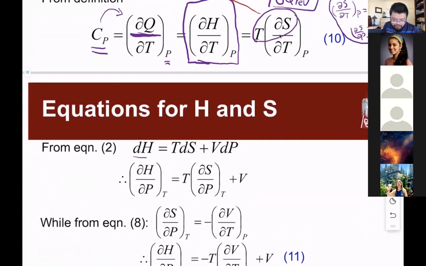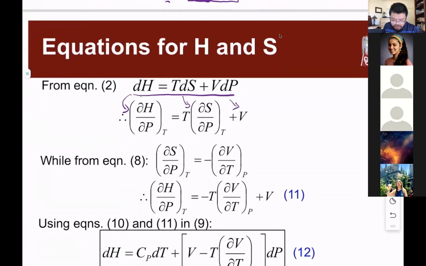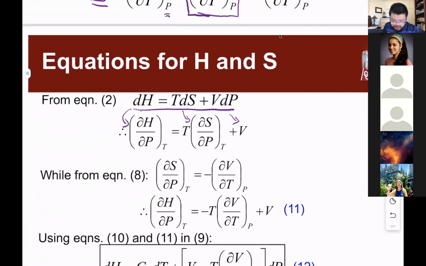So this is the full derivative of enthalpy, and we divide dP on both sides. So there, this is the left-hand side, the first term of the right-hand side, the second term of the right-hand side. We divide dP on both sides, and then we say this term dS over dP.